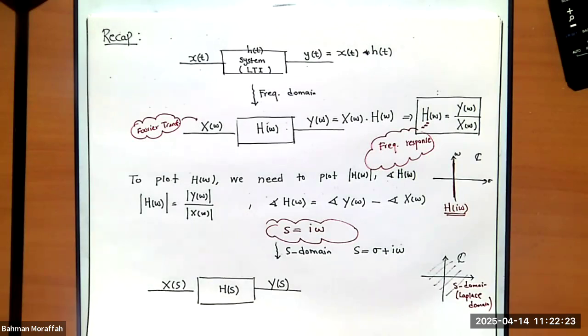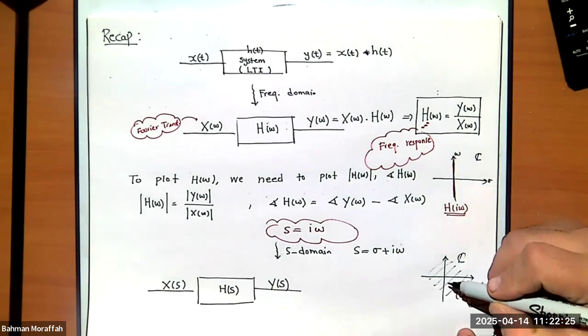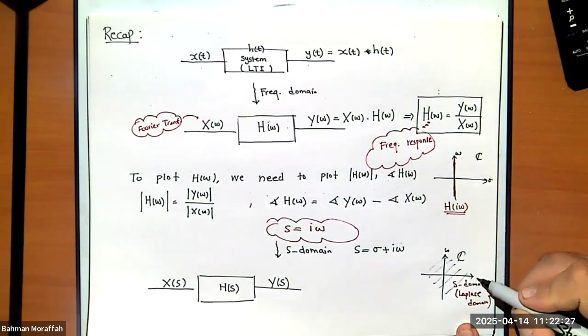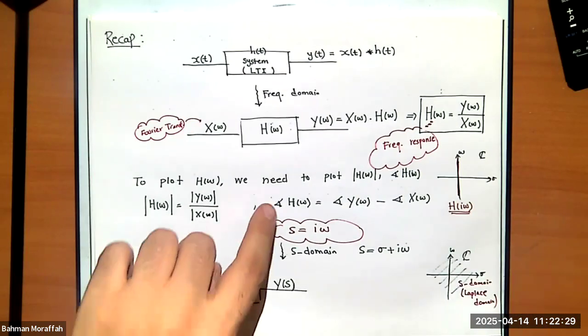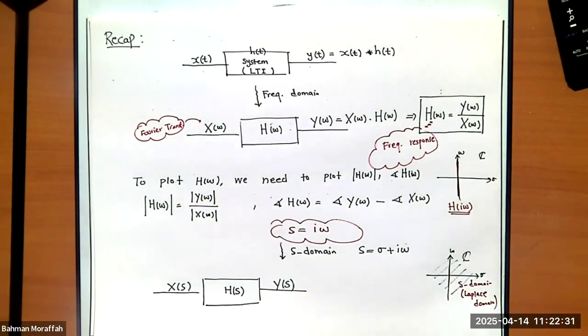It turns out if the region of convergence includes the y-axis, then the frequency response does exist. If it doesn't, it means the Laplace transform, or S domain, exists, but the frequency response does not exist. Okay?